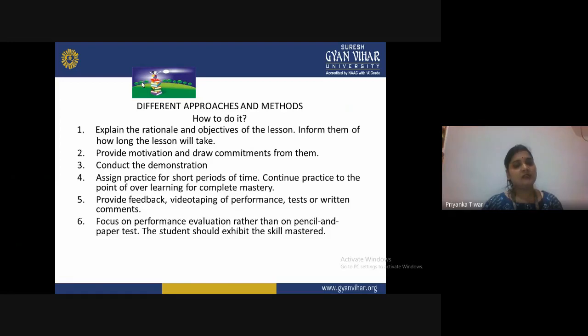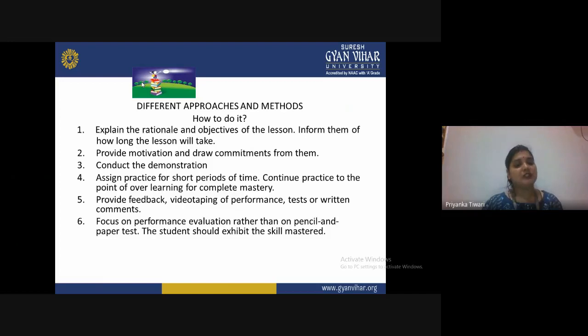Explain the rationale and objectives of the lesson, inform them of how long the lesson will take, and provide motivation and draw commitment from them. Conduct the demonstration, assign practice for short periods of time, and continue practice to the point of overlearning for complete mastery.